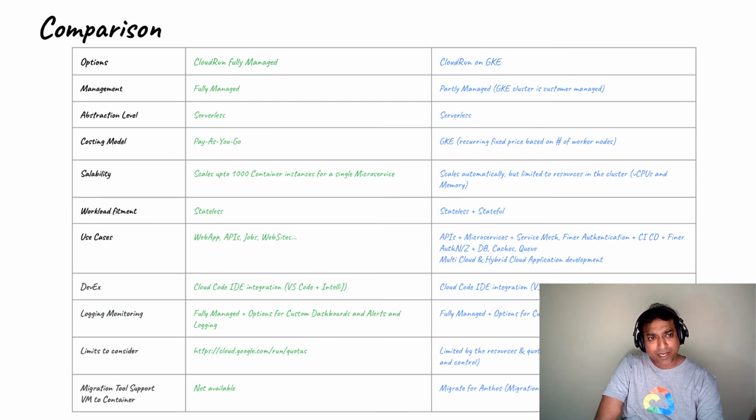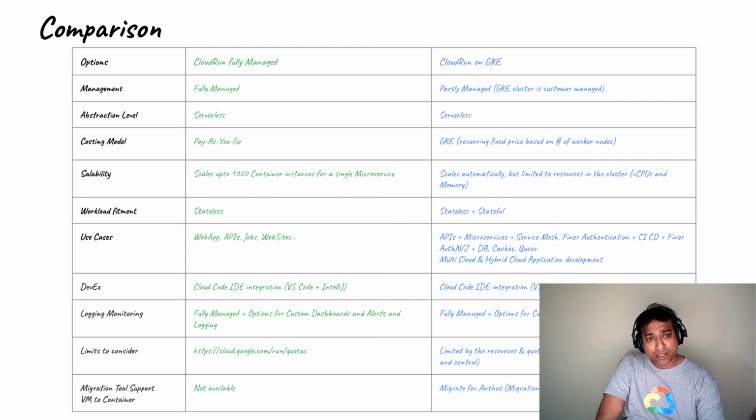So CloudRun fully managed, as the name suggests, is a fully managed solution. You completely offload the idea of managing infrastructure, and you just worry about your workload. Whereas CloudRun on GKE is partly managed because it depends on where exactly you run your Kubernetes cluster. For instance, if you run it on GCP, then the only thing that you manage is the worker nodes that constitute that GKE cluster, right?